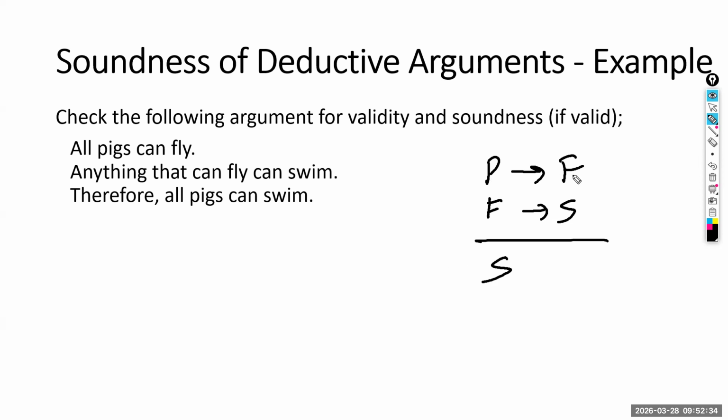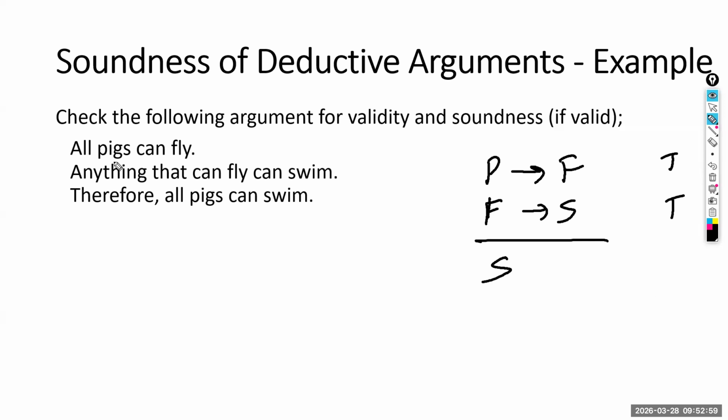Pigs imply they can fly, assuming the first assumption is true. If any animal can fly, they can swim. අපි හිතමු ඒක true කියලා. So now you want to check what this is.